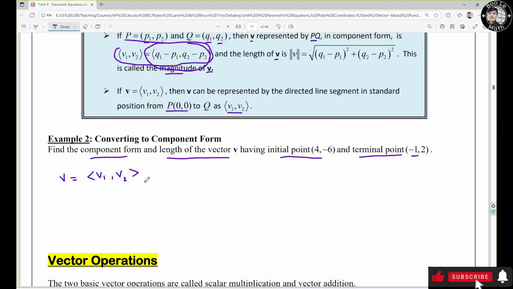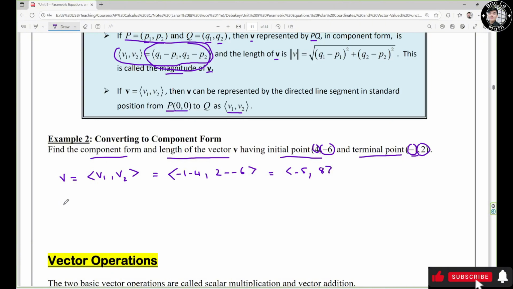So it's going to be -1 subtract 4, comma, 2 subtract -6. So it's going to be (-5, 8).